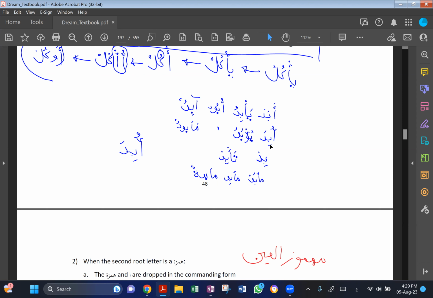Anti ubidti, antuma ubidtuma, antunna ubidtunna. Ana ubidtu, nahnu ubidna. Beautiful, exactly. So see, no irregularities. You just did Sarf like it is. You didn't even notice it was Mahmooz, right? Because it was just flowing. Then we have back to Saima.